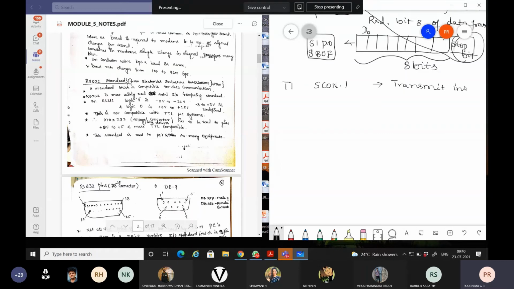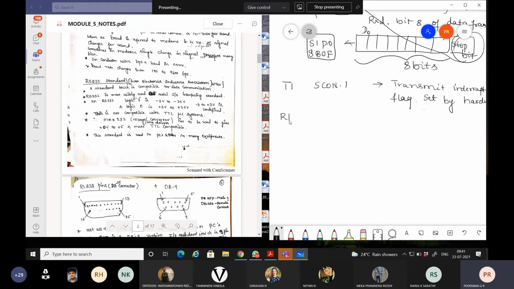This flag is set by hardware at the beginning of the stop bit in mode 1 and must be cleared by software. Whenever the transmission of the 8-bit data is completed, it will be set by hardware. Otherwise it will be cleared.